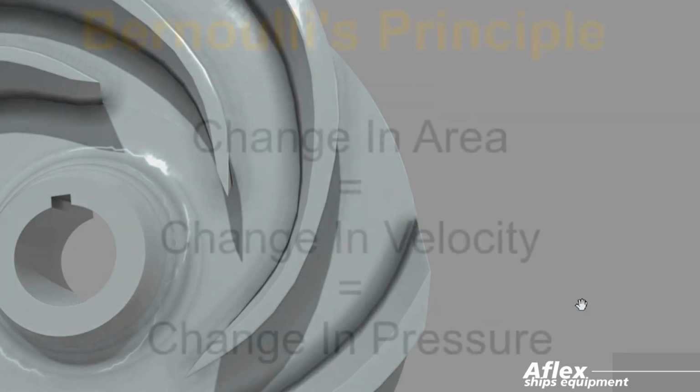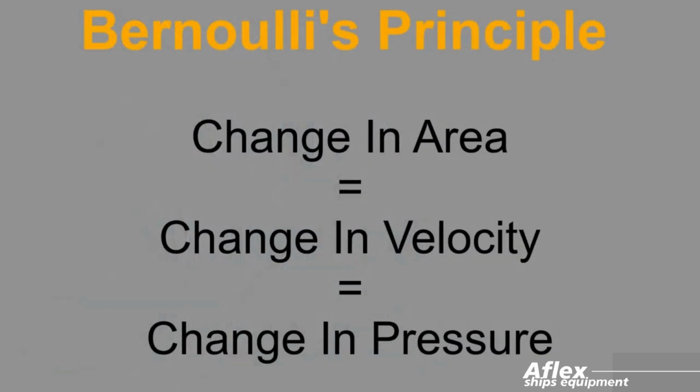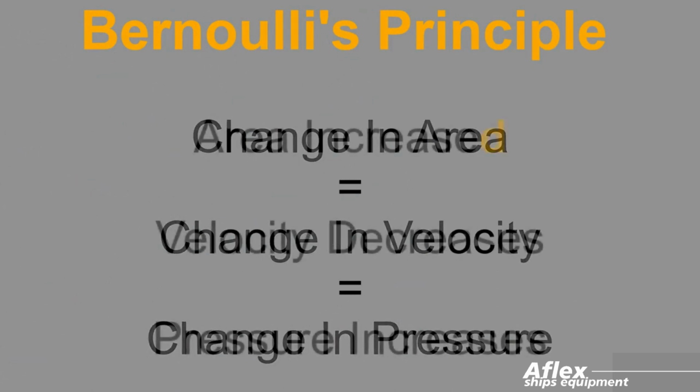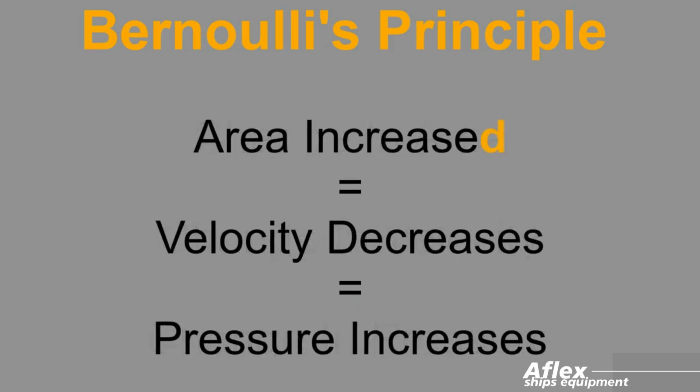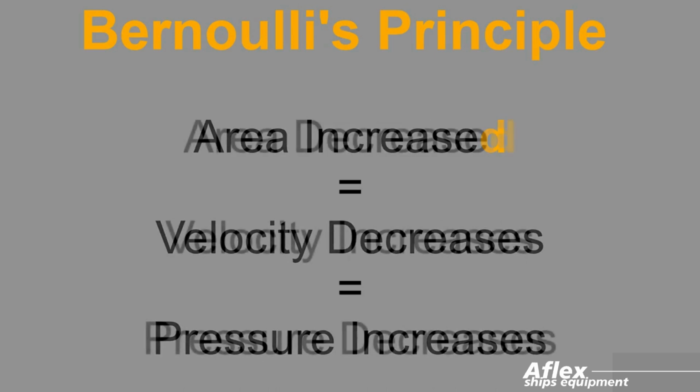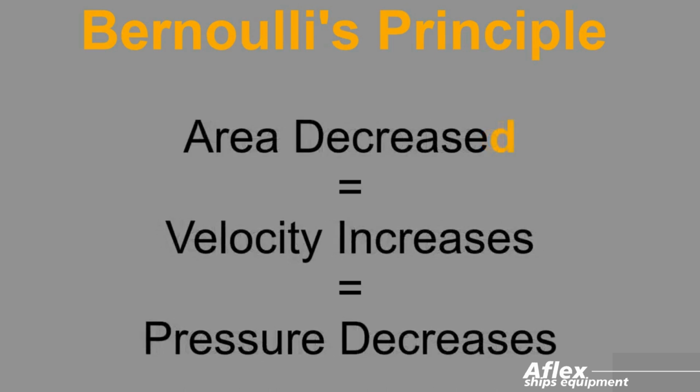Bernoulli's principle states that if we have a constant flow and a change in area, then the velocity will be correspondingly changed as well. So if we have a steady flow and we have an increase in area, we'll get a corresponding reduction in velocity. If we have a steady flow and a decrease in area, we'll get a corresponding increase in velocity.